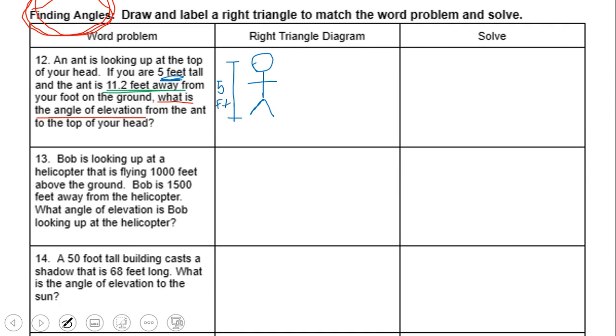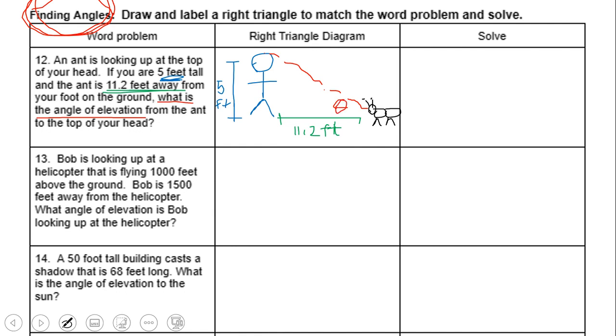I know that there's an ant 11.2 feet away from me. And I know that this little ant is right down here. Maybe this is probably going to look gigantic, but he's got antennas, his body. There's my ant, okay? It's not great, but here he is. And he is looking up at me, up to see the top of my head.